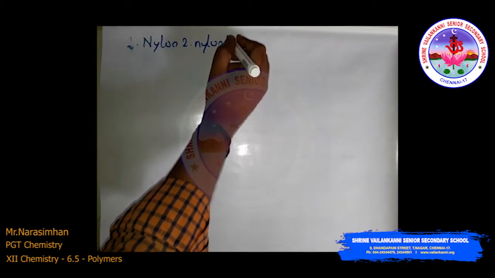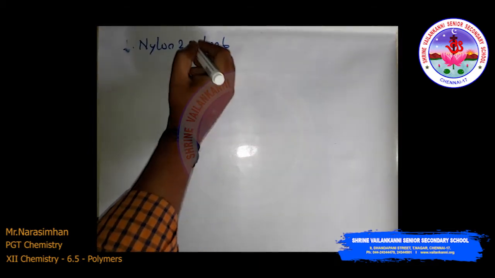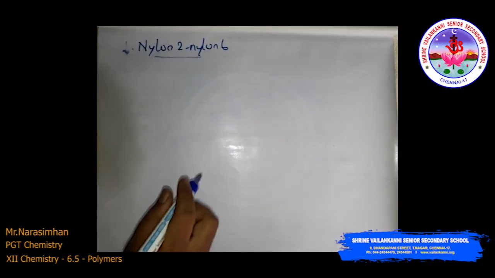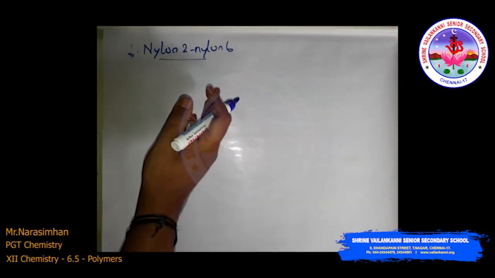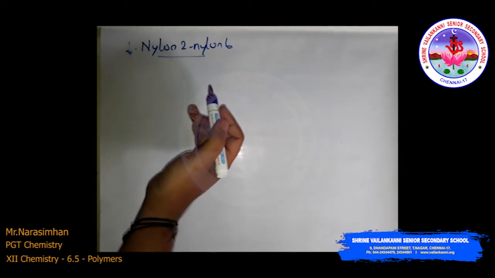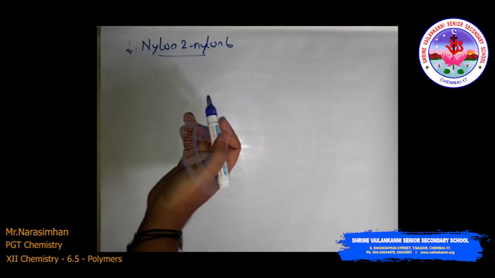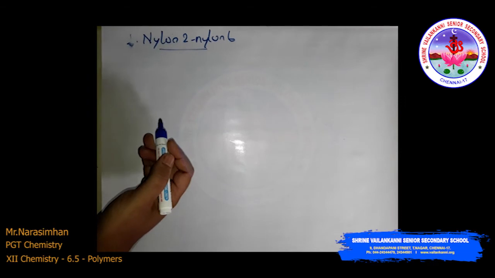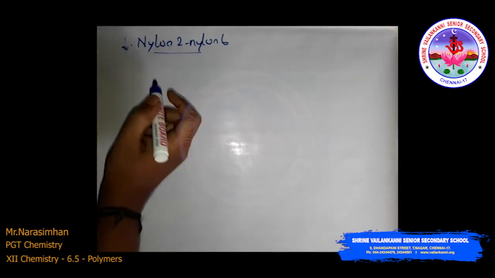Nylon 2, nylon 6. This is the alternating polyamide copolymer of glycine with amino caproic acid. This is also a biodegradable polymer. The reaction is like this.